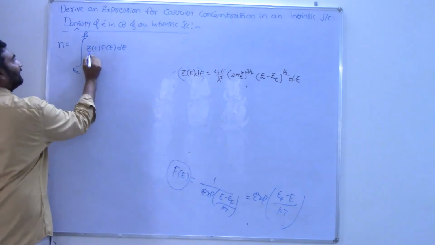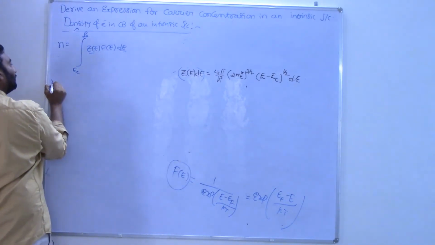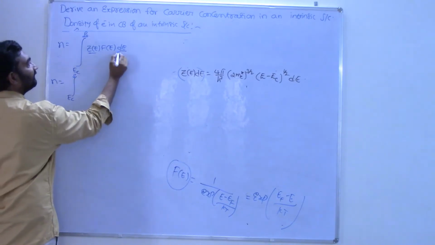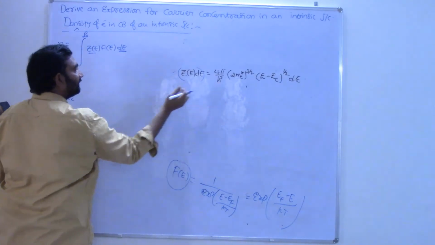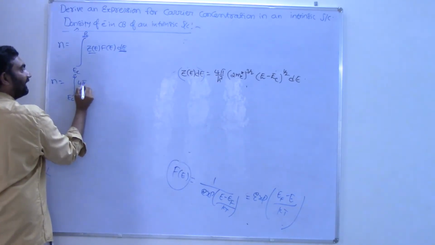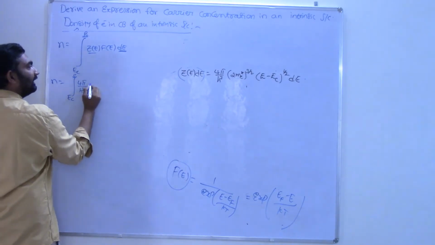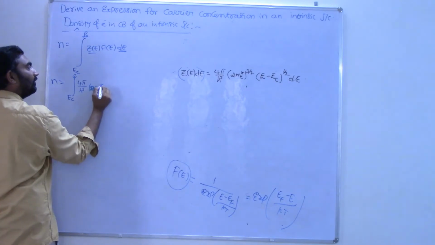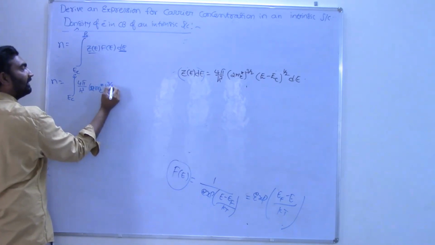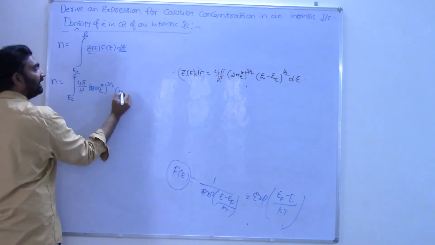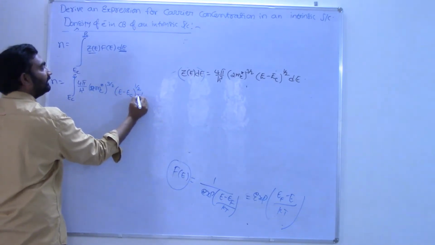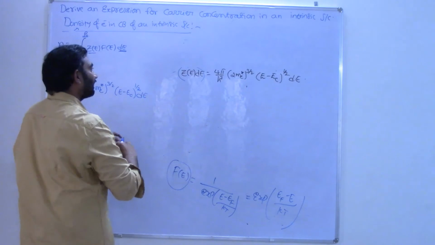Let us plug the Z of E into dE value into this equation. N equals the integral from EC to infinity. What is the Z of E into dE value? This is what we got: 4 pi by h cube into 2 me star whole to the power of 3 by 2 into E minus EC whole to the power of half into dE.